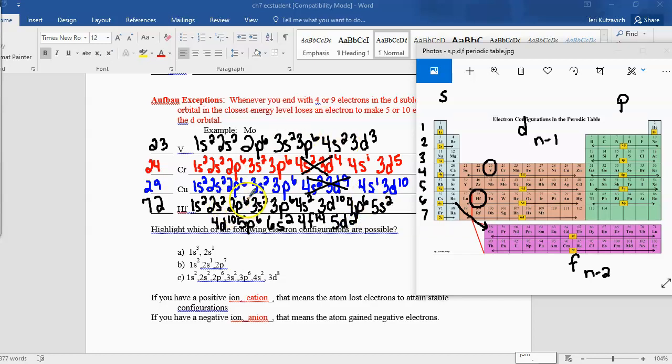So let's add them up. 10 plus 10 is 20, and that's 30, 40, 50, 60, 70, 72. And that's it. Just follow the order. 1s2, 2s2, 2p6, 3s2, 3p6, 4s2, 3d10, 4p6, 5s2, 4d10, 5p6, 6s2, 4f14, 5d10, 6p6, 7s2, 5f14, 6d10, and then we have a 7p6 over here.